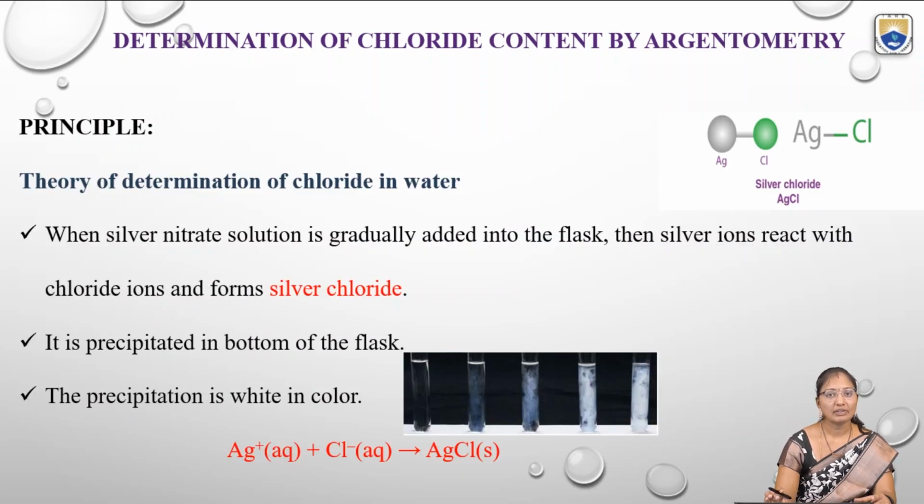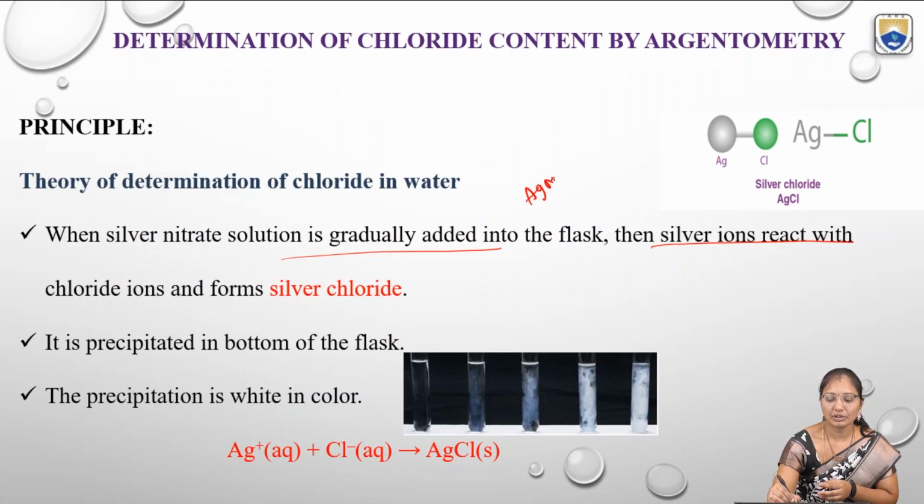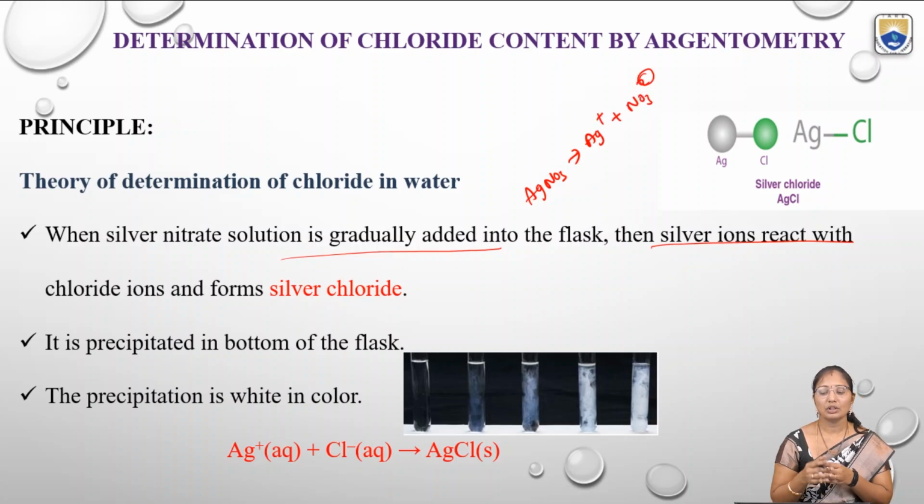When silver nitrate solution is gradually added from the burette into the flask, the silver ions start reacting with the chloride ions. AgNO3 forms Ag+ and NO3- ions.